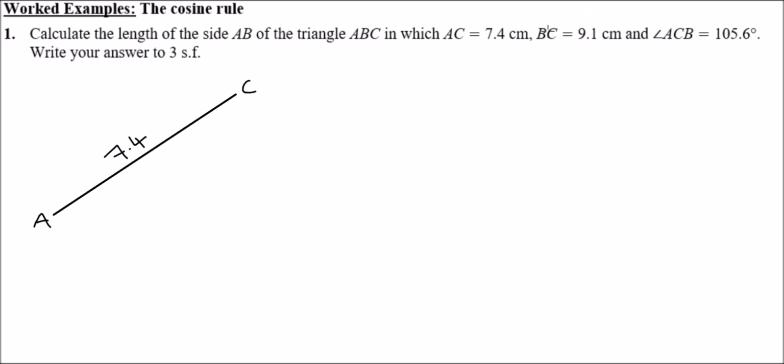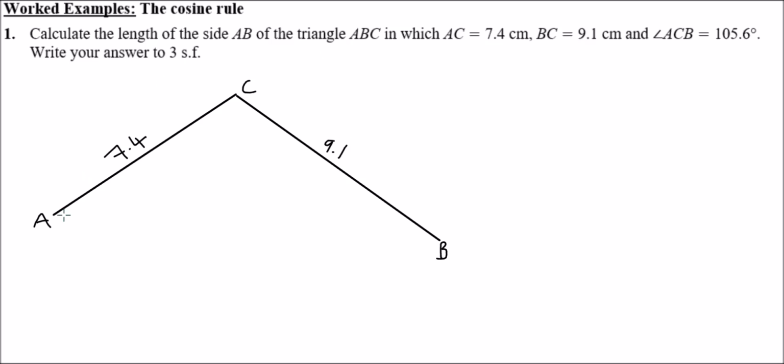So again, it's got a common point of C. So I'm going to just draw a line from C and put it down here. I'm going to make it arbitrarily longer than AC because 9.1 is longer than 7.4. So I'm going to put it maybe somewhere here. That'll do. I'm going to call this point B, and from B to C, we're told that's 9.1.